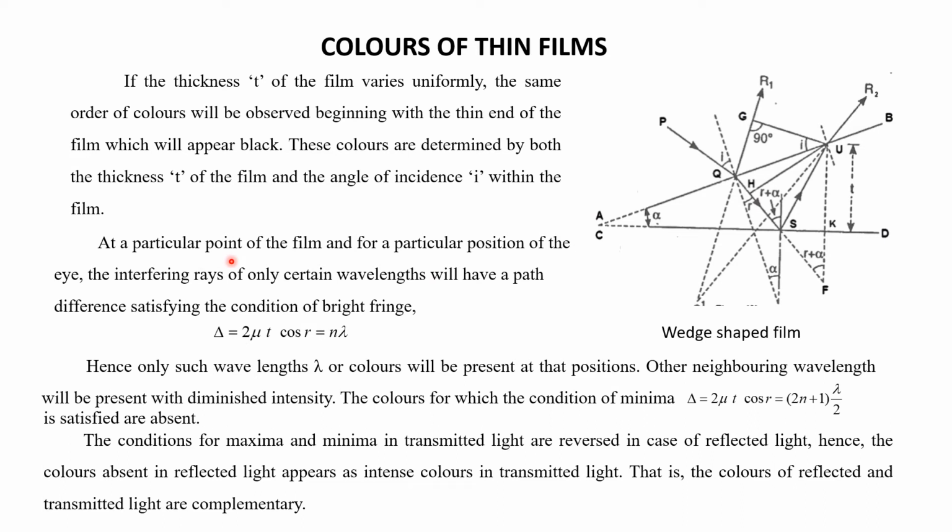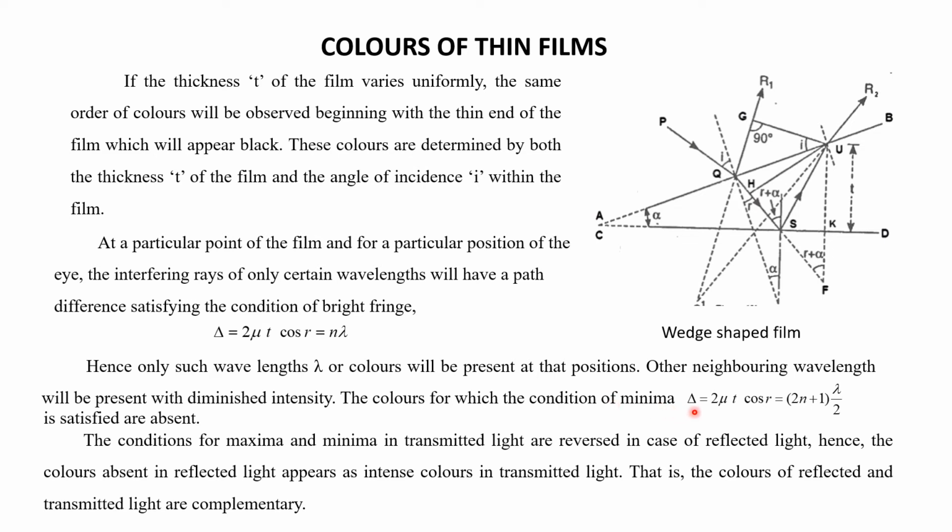So, at a particular point of the film and for a particular position of the eye, the interfering rays of only certain wavelengths will have a path difference satisfying the bright fringe condition delta equal to 2 mu t cos r equal to n lambda. The wavelengths satisfying this condition appear bright, and other neighboring wavelengths will be present with diminished intensity.